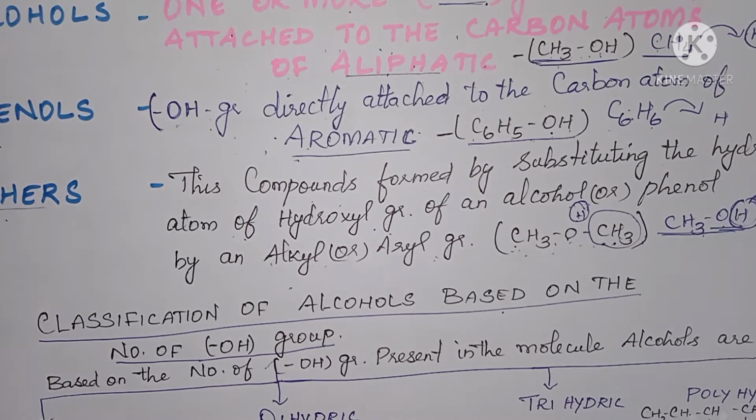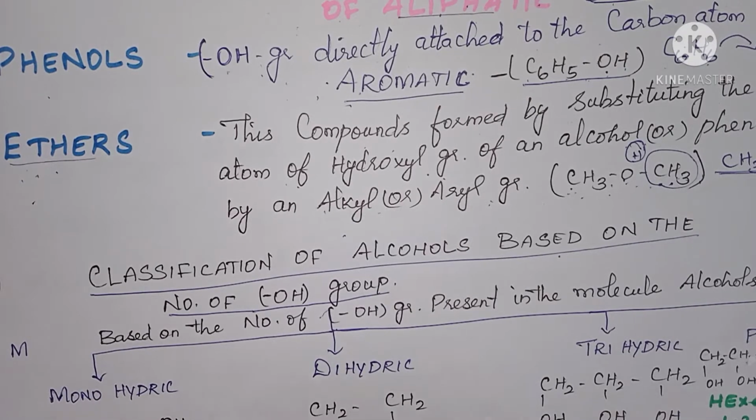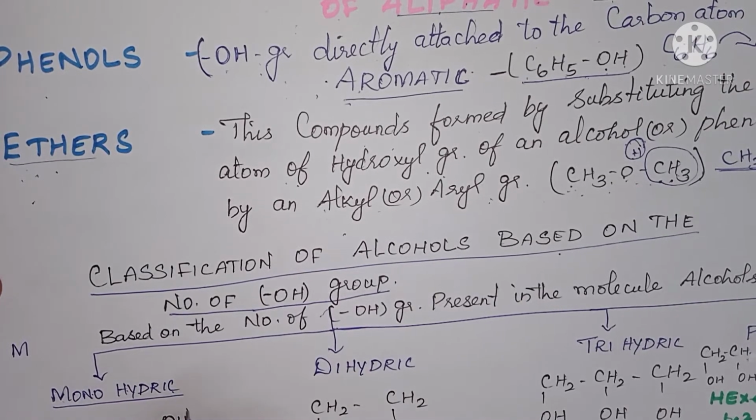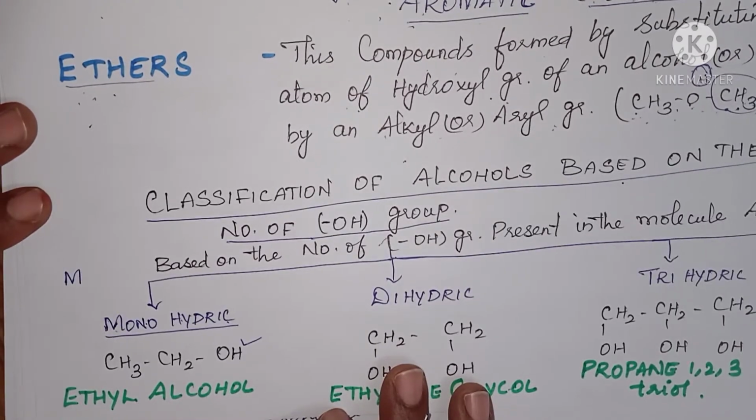According to that we can classify: 1, 2, 3 and more, poly. So first one, monohydric. Monohydric means only one hydroxyl group will sit there. So that is called monohydric alcohol.